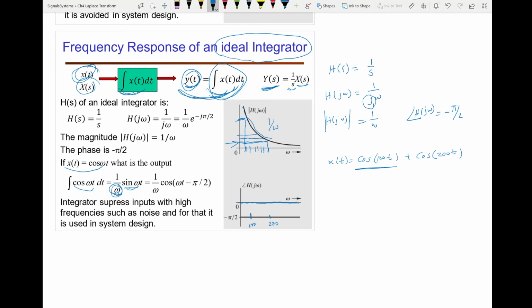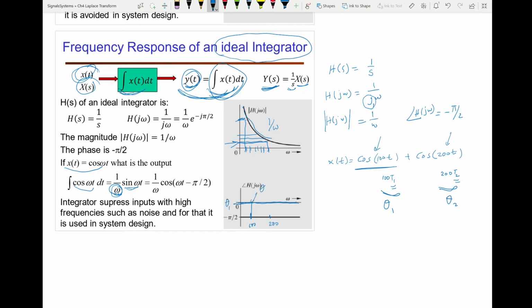So the phase shift here will be 100 t1, and here it will be 200 t2. So this signal will be delayed by t1, this signal will be delayed by t2, such that this quantity equal this quantity, because that's the phase. This is the phase theta 1, this is theta 2, this is the phase here.